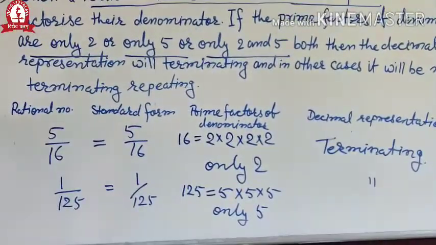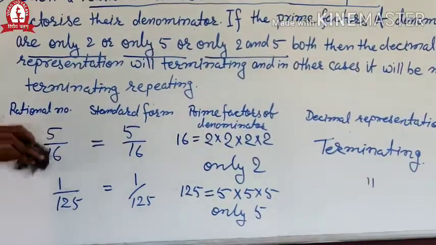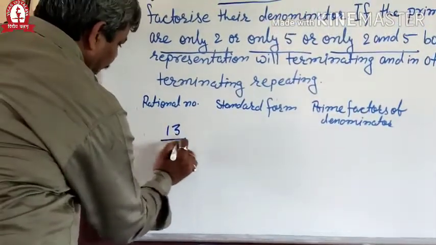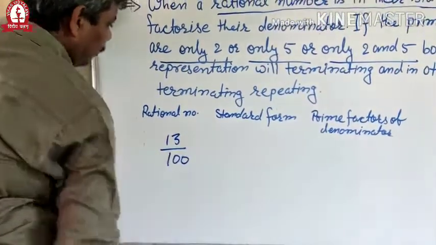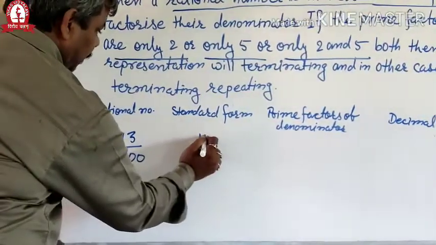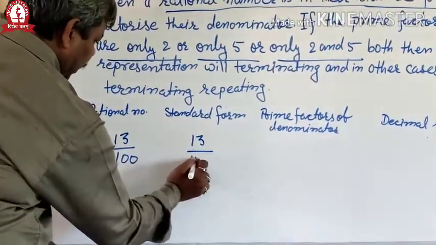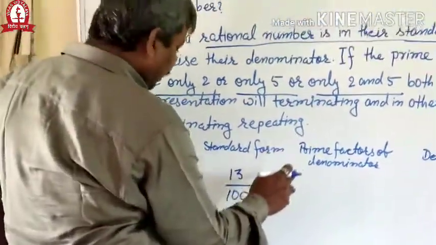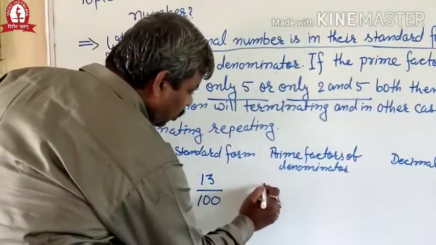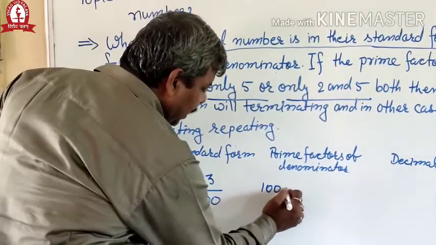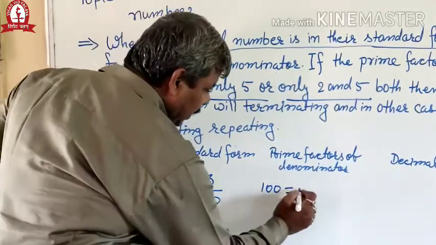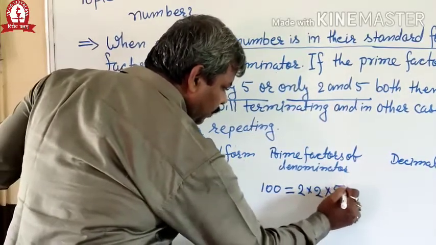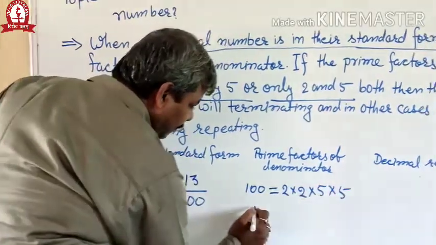Now we see another example. The example is 13 by 100. The standard form of 13 by 100 is 13 by 100. Now we factorize its denominator, and the prime factorization of 100 is 2 into 2 into 5 into 5.